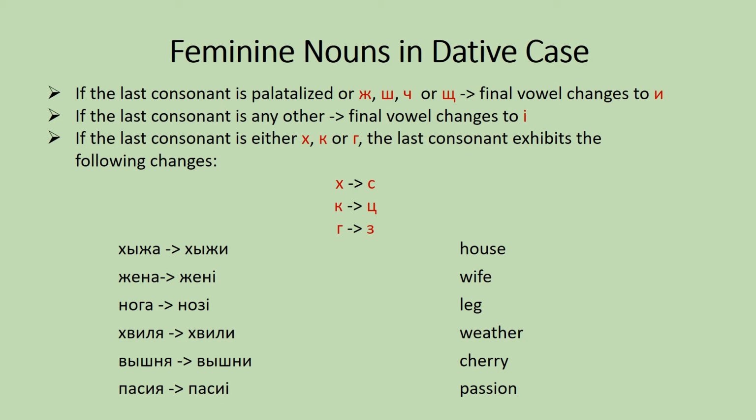H becomes s, k becomes ts, and h becomes z. Let's look at the examples below.